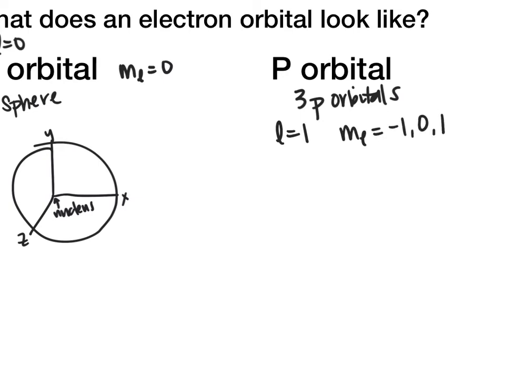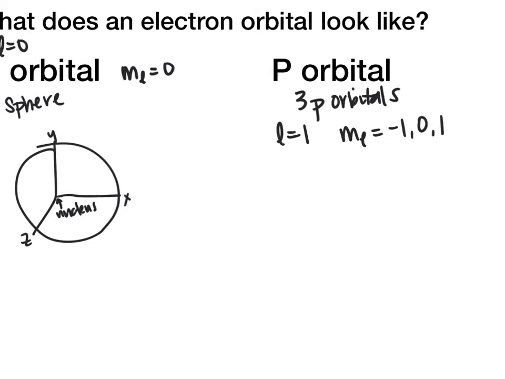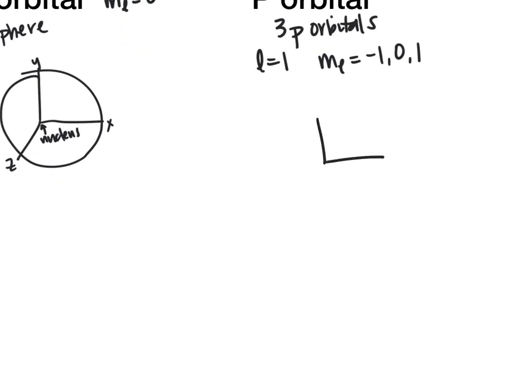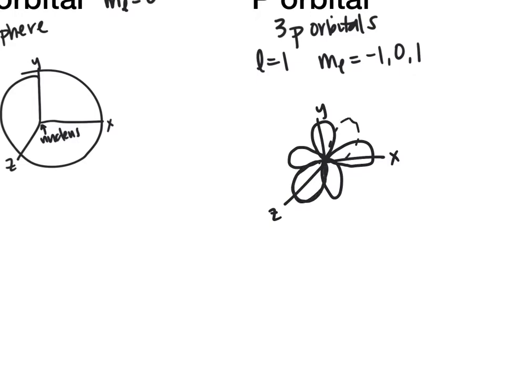This tells us that there are 3 p orbitals. Those 3 p orbitals, we will draw them all together and then separate. You have one on the y-axis, one on the x-axis, and then this one's the hardest to draw, so I'll try to bold it out. We have one on the z-axis.